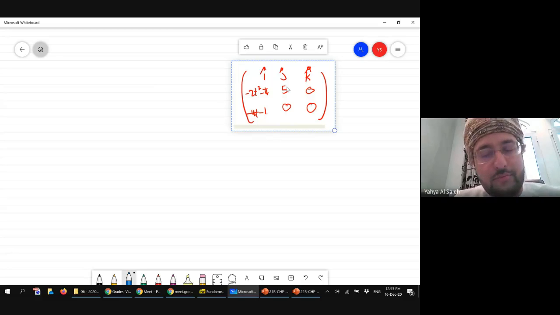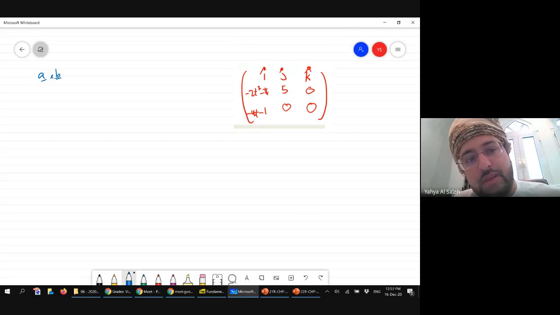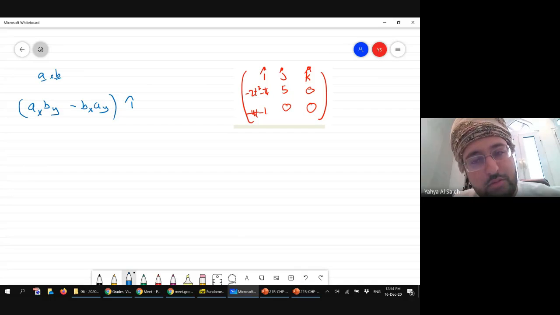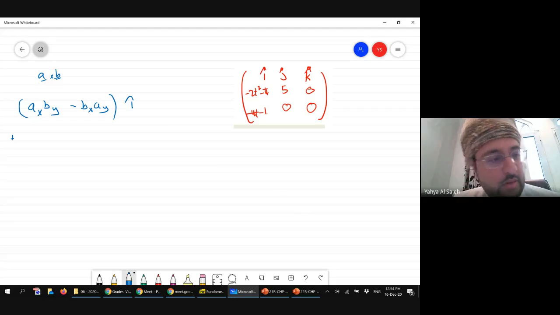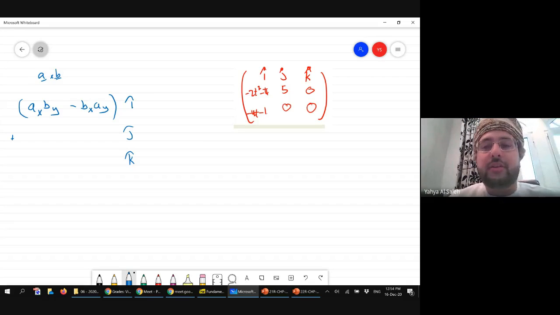So for the cross product, A cross B, we said we will have AX BY minus BX AY in the i direction, and we have something similar in the j direction and something similar in the k direction.